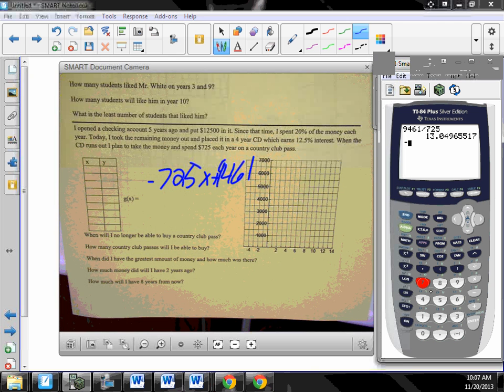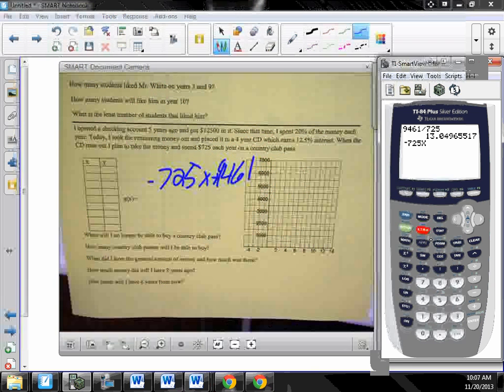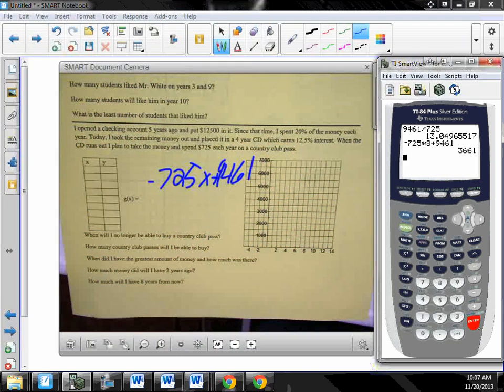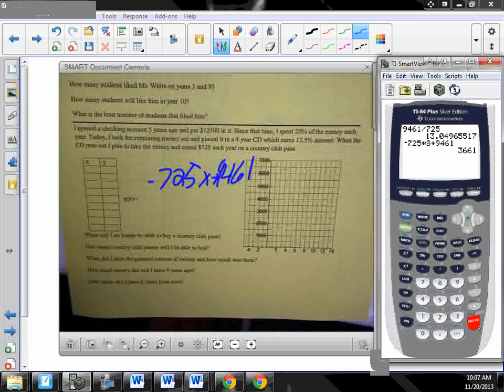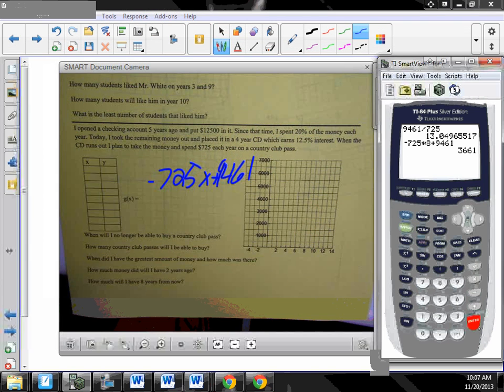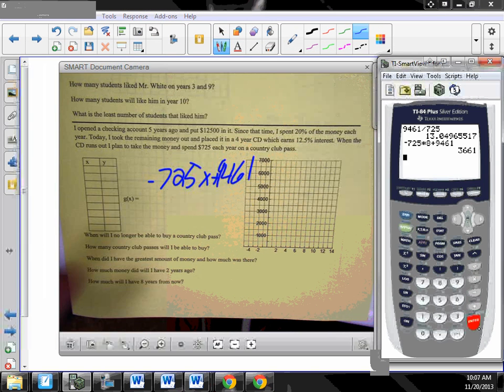So negative 725 times 8 plus 9461. So that's how much money. Is that the wrong number? Okay, turn the page over.